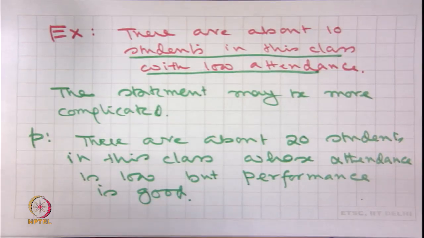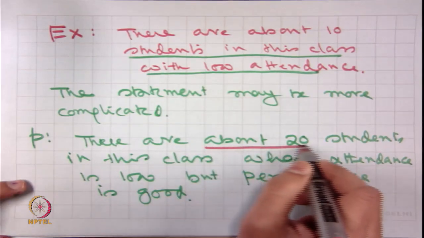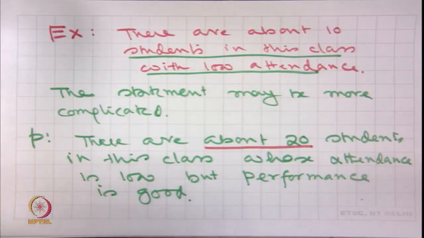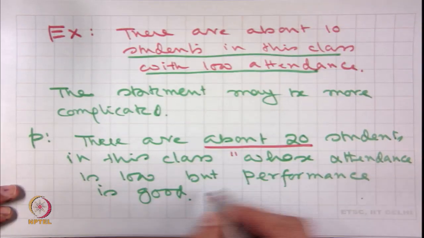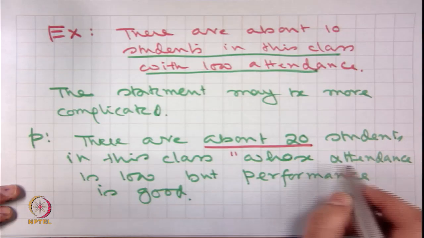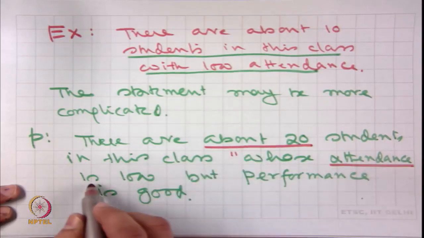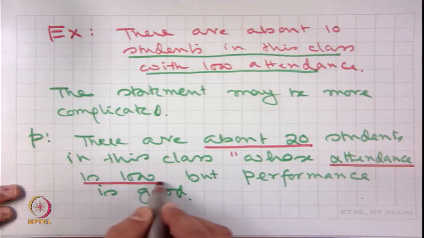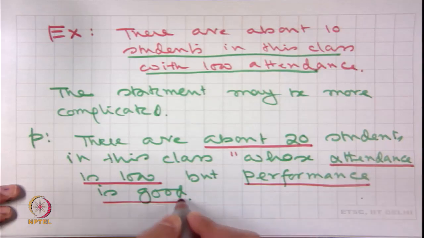So, it is a more general version. We have one fuzzy quantifier. We are looking at essentially two different fuzzy sets which give attributes to the students. One is attendance is low and the other one is performance is good.